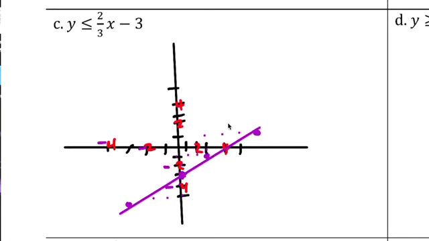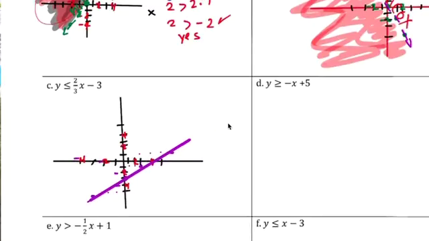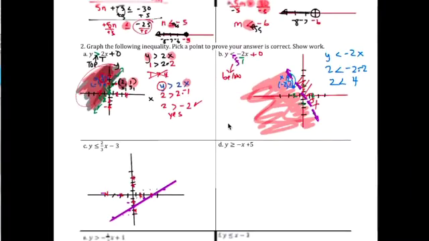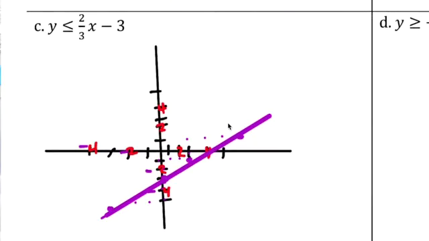This is going to be a solid line. I'm going to make this even darker. A solid, unbroken line. Unlike this one, as you notice, they were dashed. This is a solid line because this one has an equal to at the bottom.